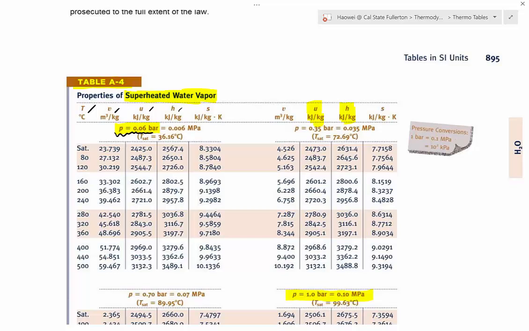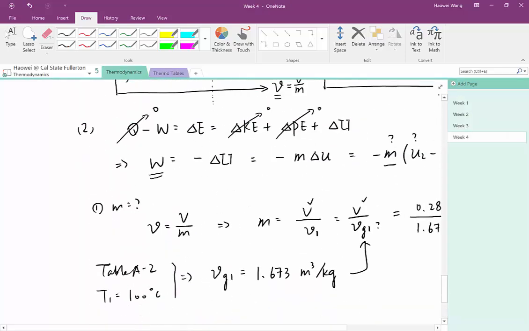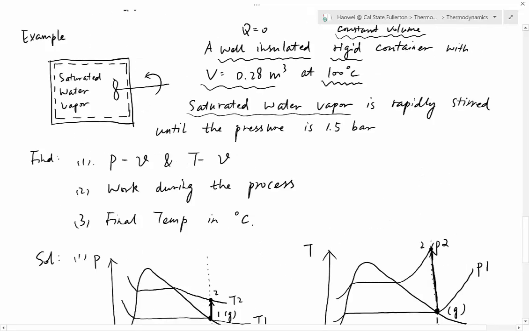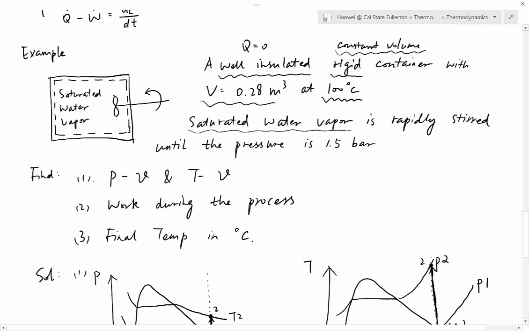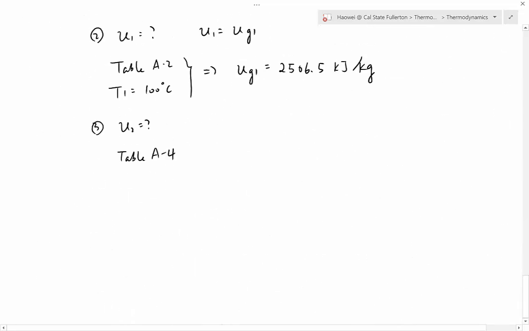We're looking for number 2, U2, the final state. Do we know anything about the final state? Let's go back. We know the final pressure, P2, is 1.5 bar.